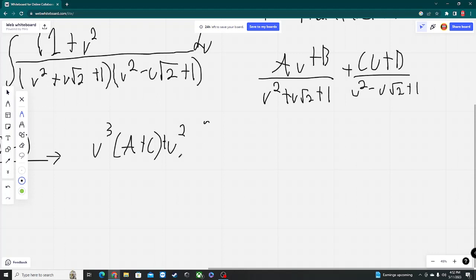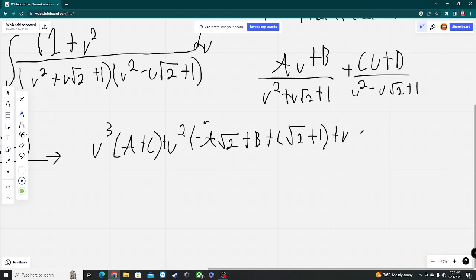Plus u squared multiplied by our negative a square root 2 plus b plus c square root 2. Let me see how all of this is working. Remember our plus 1 from before. That's kind of what I was worried about there, I was worried if I forgot that plus 1.